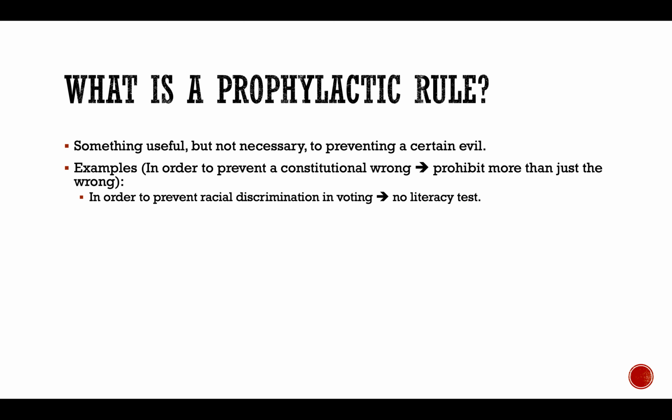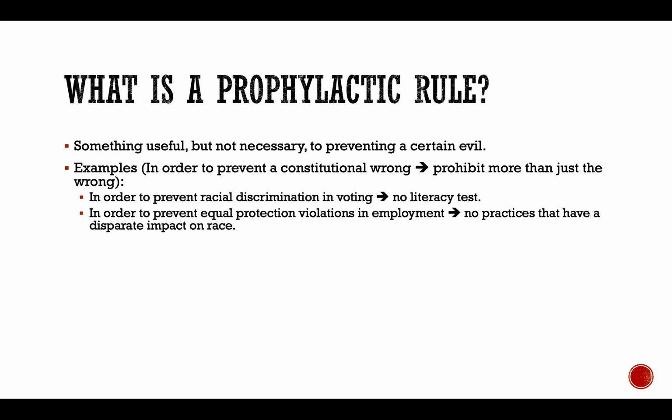And although literacy tests in and of themselves are not constitutionally problematic, the court upheld this prohibition under the theory that it's going to be more difficult for a state to violate the Equal Protection Clause if it can't impose literacy tests. Or in order to prevent equal protection violations in government employment, Congress passes a statute that says there can be no practices that have a disparate impact on race.